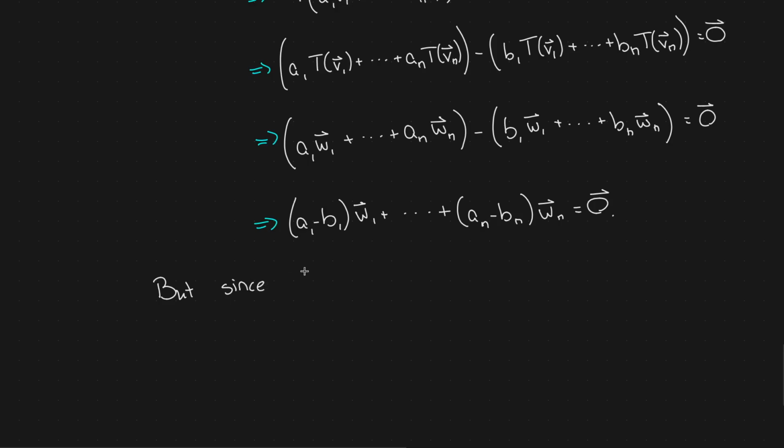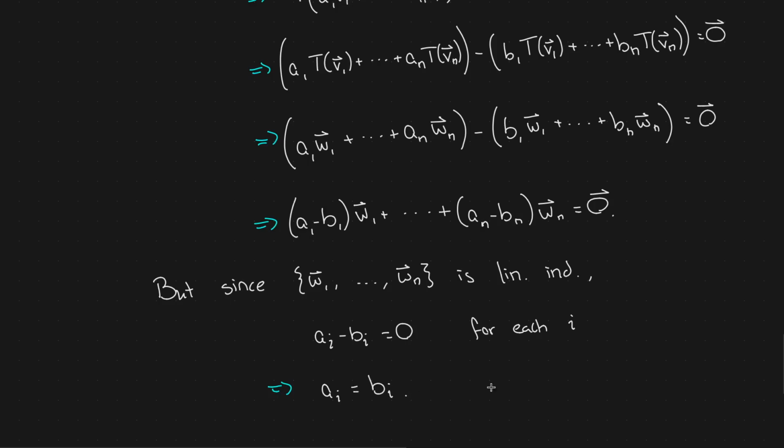But since w1 to wn is a linearly independent set, because it's a basis, ai minus bi equals 0 for each i, which implies that ai is equal to bi.